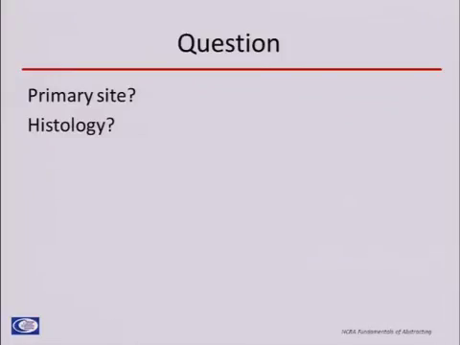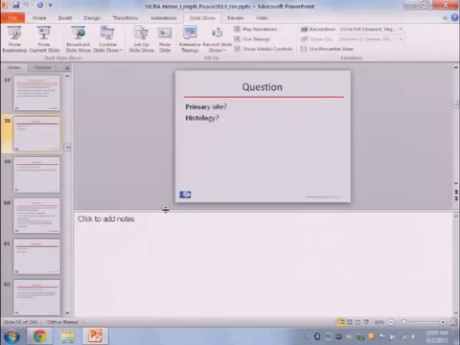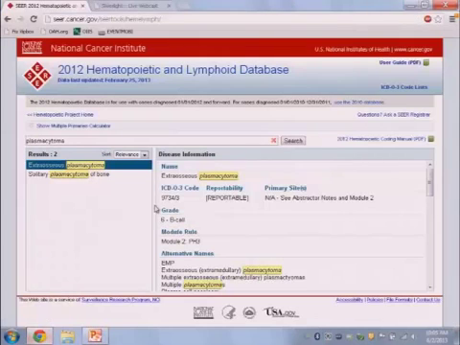And the histology would be extraosseous plasmacytoma. Now let me toggle back again to the database and see we have plasmacytoma extraosseous, so we know the histology code. The primary site says see abstractor notes on Module 2. Oh, and Module 2, Rule PH3.